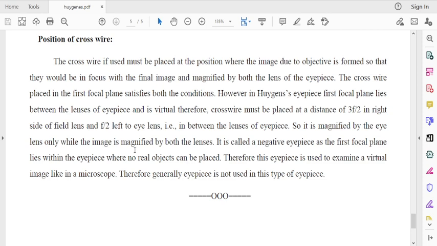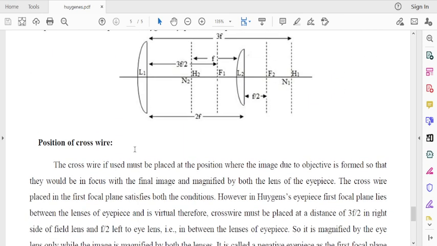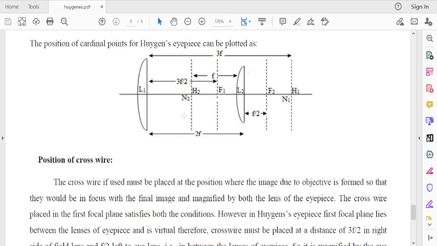Keep in mind once again, this Huygens eyepiece is completely free from chromatic aberration because the distance between the two lenses, the field lens and eye lens, is equal to half the sum of their focal lengths.